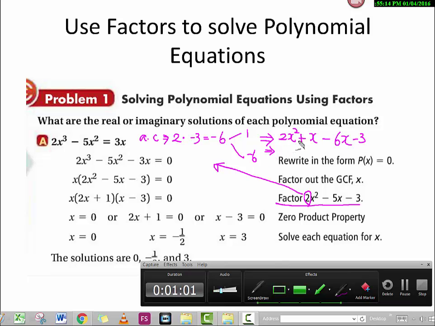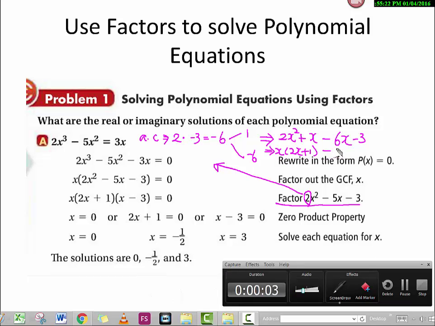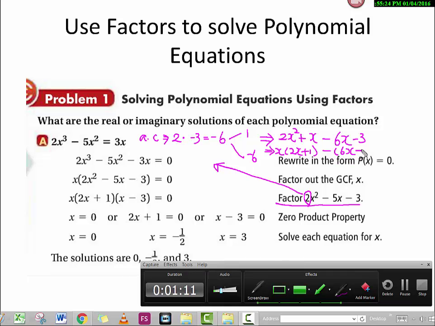So we try to find the greatest common factor for these two terms, which is x. So you have x times 2x plus 1. And then we have minus, watch out, when I do the parentheses, you're going to have minus 6x plus 3. Then we can find the greatest common factor for this factor, which is 3. So here's the next step.